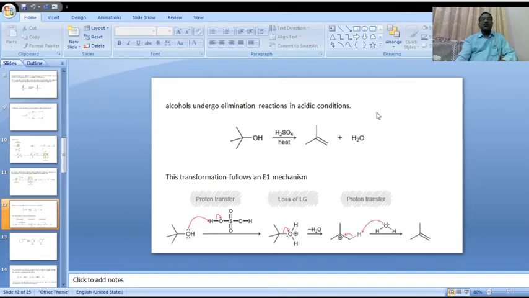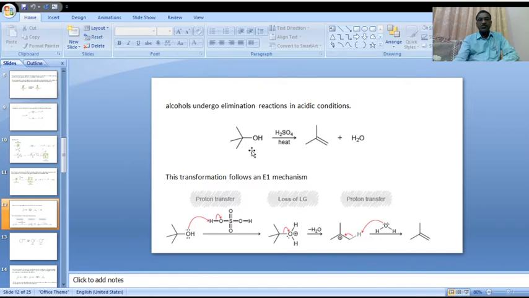Here, alcohols undergo elimination reactions in acidic condition. Here, tertiary alcohol in presence of sulfuric acid, heat the reaction mixture.